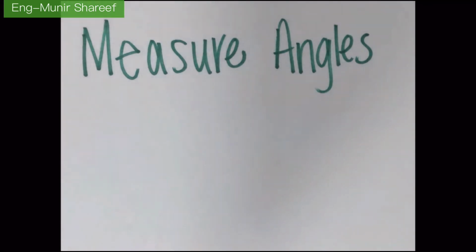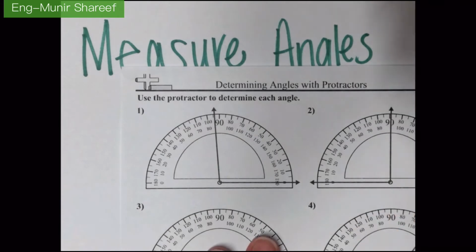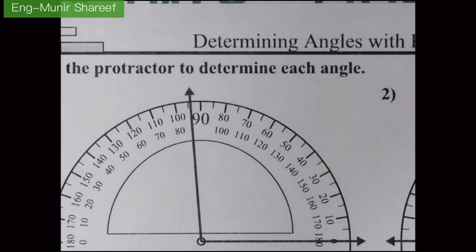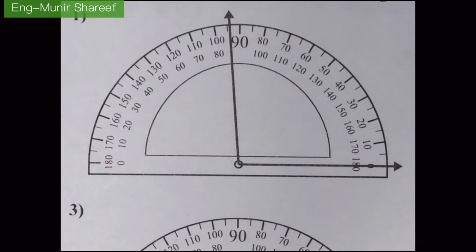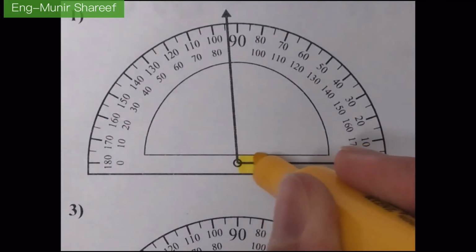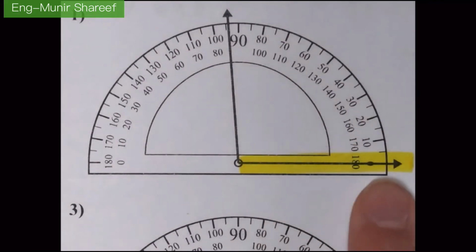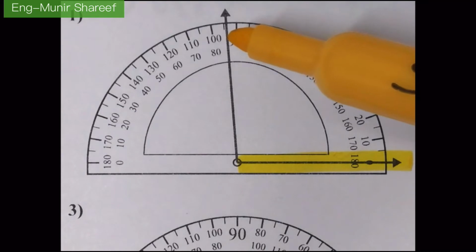We're going to take a look at this angle, and let's zoom in all the way so that we can see all the numbers really easily. When I look at this angle, it looks close to a right angle to me. I can see that this part of the angle starts over here where 0 is, and I can tell that it counts up as we go to open it.